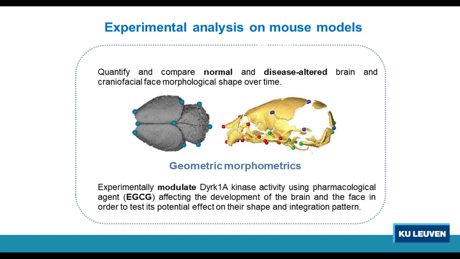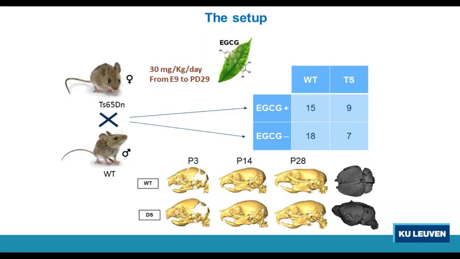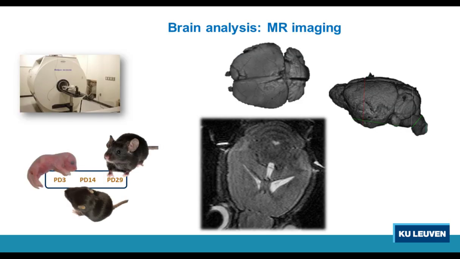And you already see me coming that for looking at brain and at the bones, we need the two different studies, MRI and CT, that work together. So this is a bit what we did. We bred the mice, we have different groups treated with the green tea extract, not treated, mice with Down syndrome and just normal mice, and then we scan them.